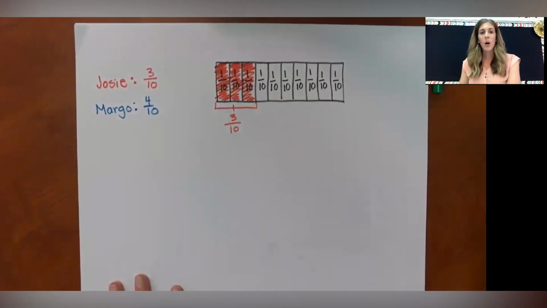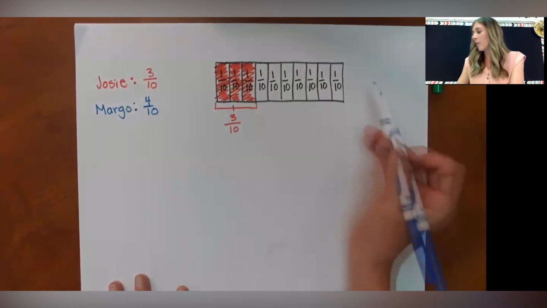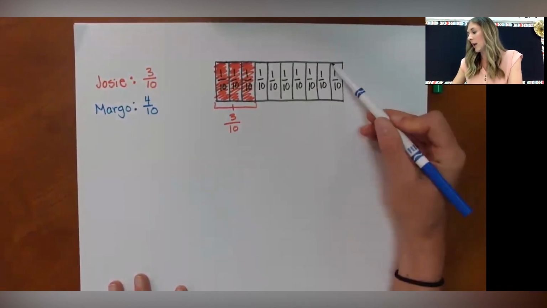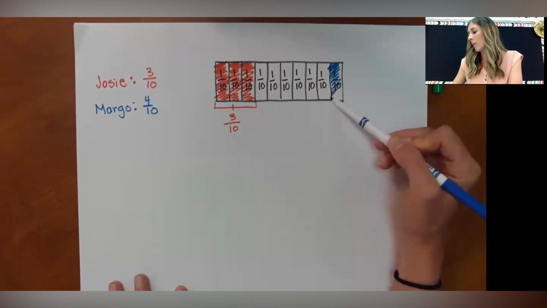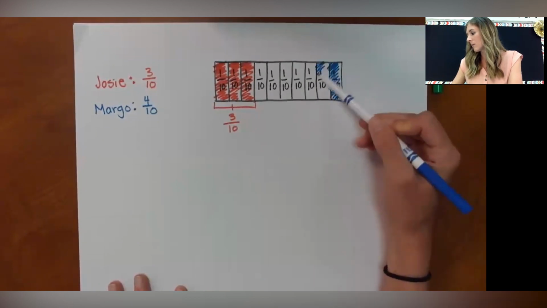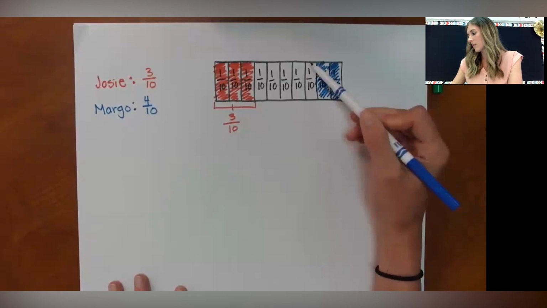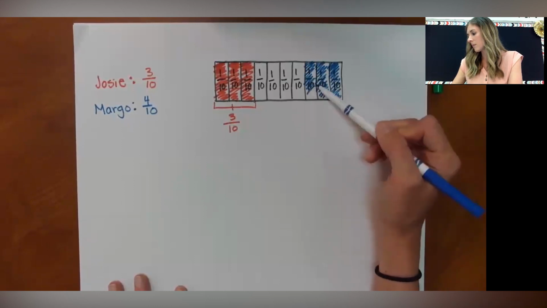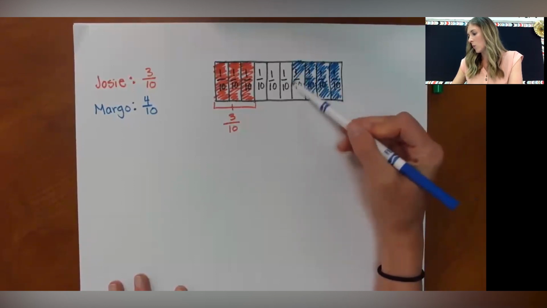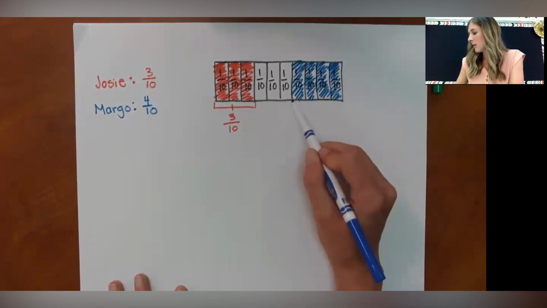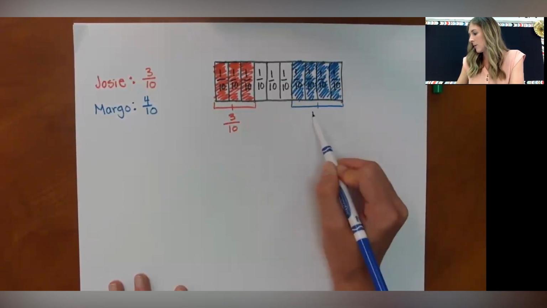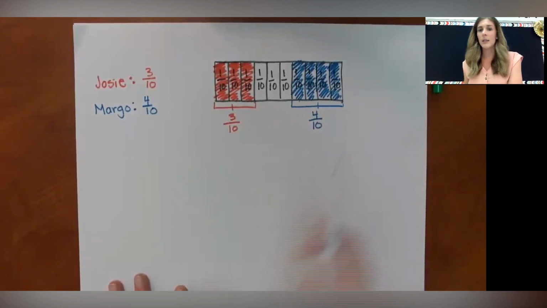And it told us that Margot started on the other side and painted 4/10. So shade with me to represent how much Margot painted. 4 of those 1/10 pieces represents 4/10.